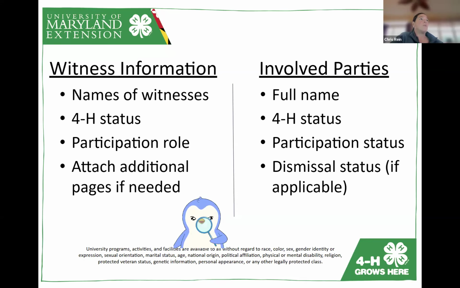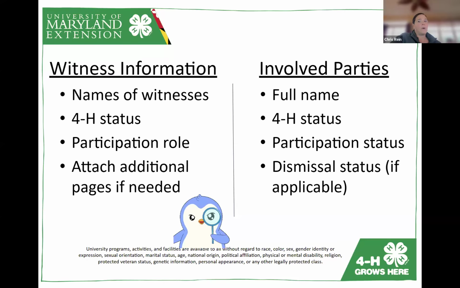So you typically will have a witness who can help fill out your incident report. It's like an amendment that you would put with your documentation if you have them fill it out. In the witness information, you want to make sure what their 4-H status is, whether they're still with our program, if they're in good standing, and their participation roles.